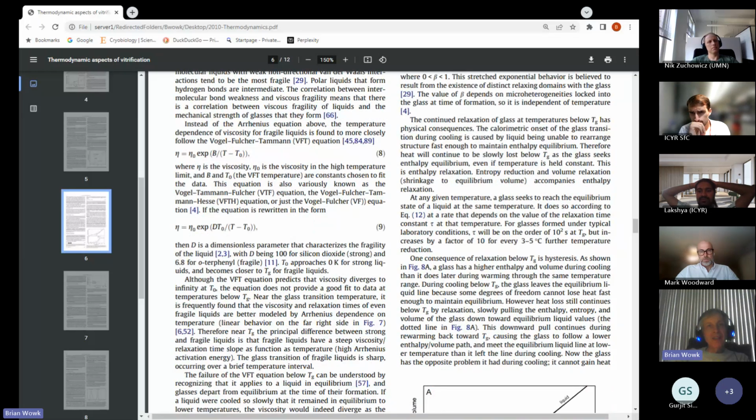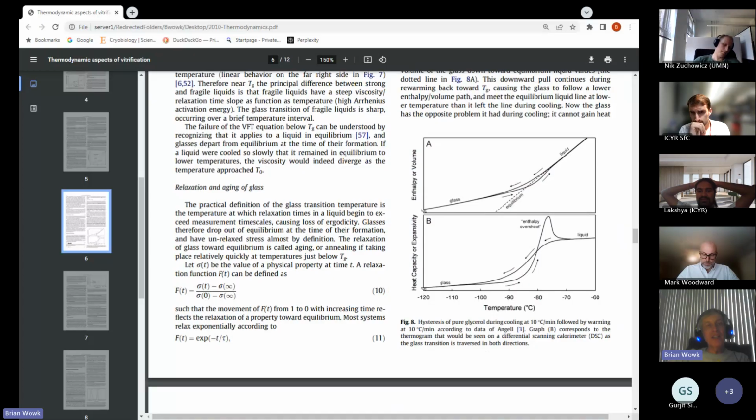And the way it manifests actually is in an enthalpy overshoot when you warm back up again. Because remember, what aging of glass really means is these water molecules finding ways to get to a lower configurational entropy and enthalpy.